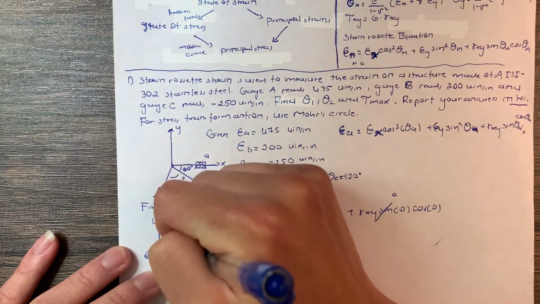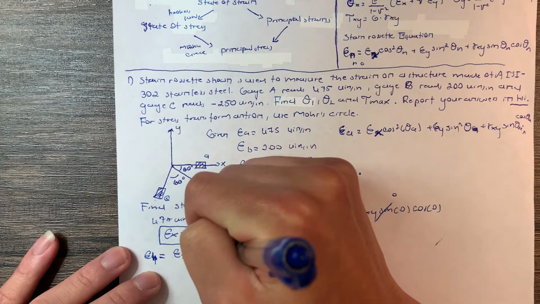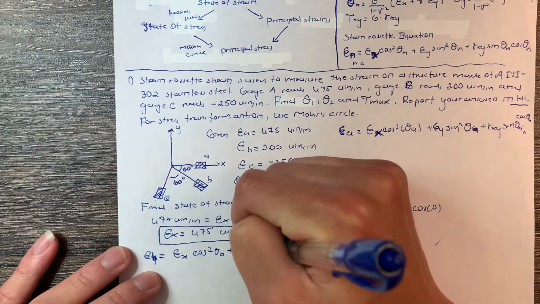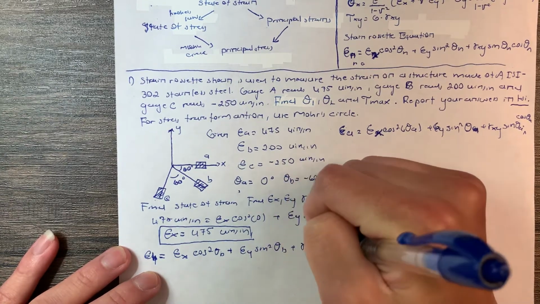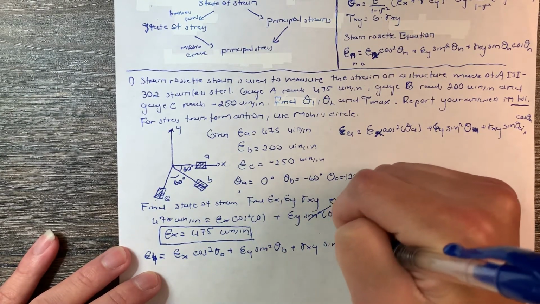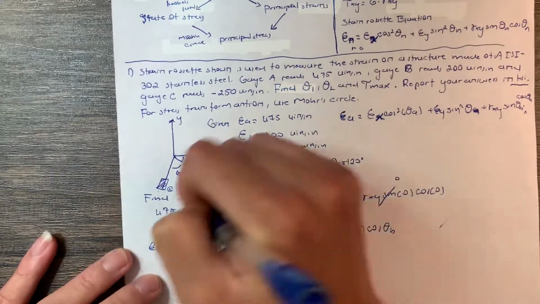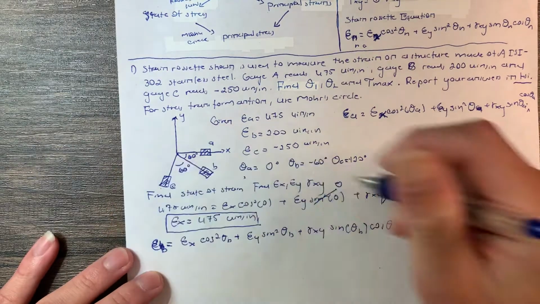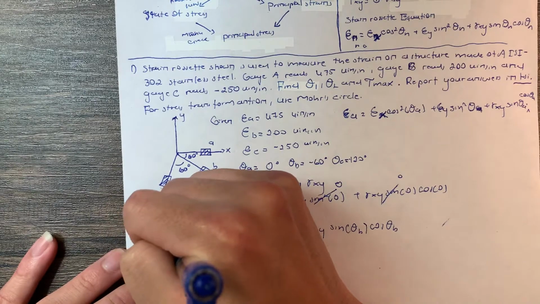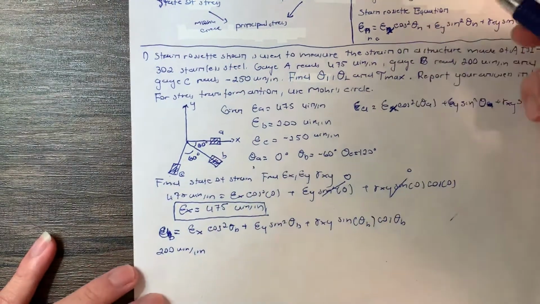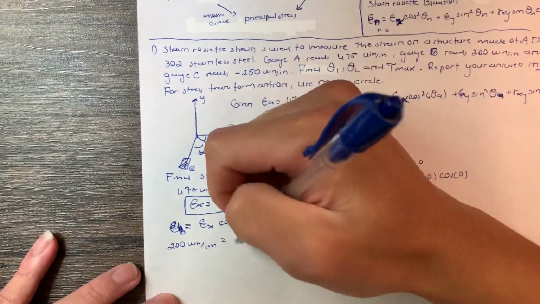So this is epsilon x cosine squared theta B plus epsilon y sine squared theta B plus gamma xy sine theta B cosine theta B. Epsilon B was given as 200 micro inch per inch, which is equal to epsilon x.